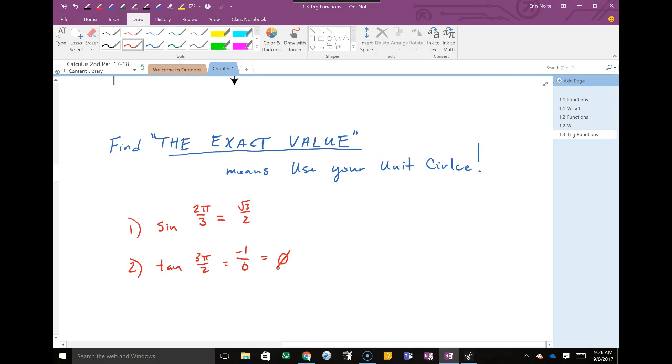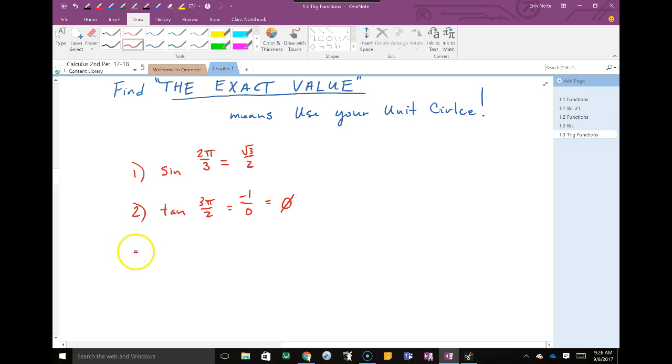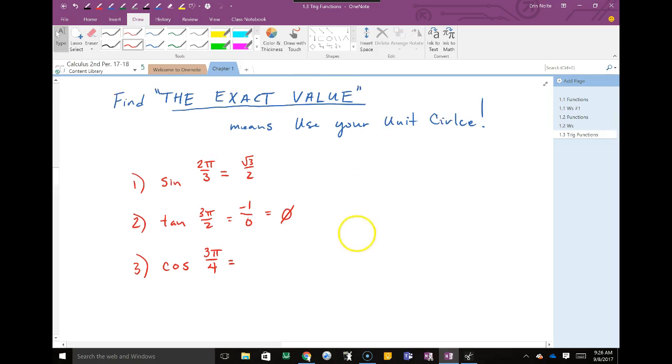Do I need to do an example of one of the reciprocals? No, thanks. Yes? Yeah, actually, good call. Okay, third one, let's do the cosine of 3 pi over 4. Okay, so find 3 pi over 4.